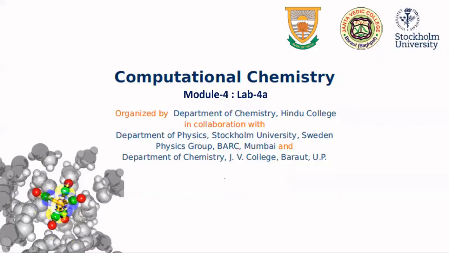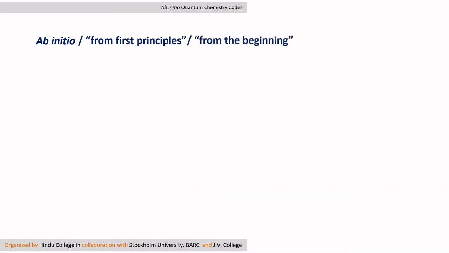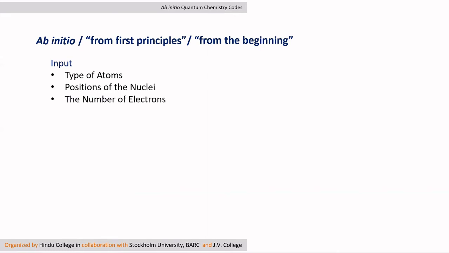Ab initio quantum chemistry methods are computational chemistry methods based on the fundamentals of quantum chemistry. The term ab initio means from first principles or from the beginning, implying that the only inputs into an ab initio calculation are the type of atoms, the position of the nuclei, and the number of electrons, just to verify whether it's a neutral molecule or a cation or an anion.